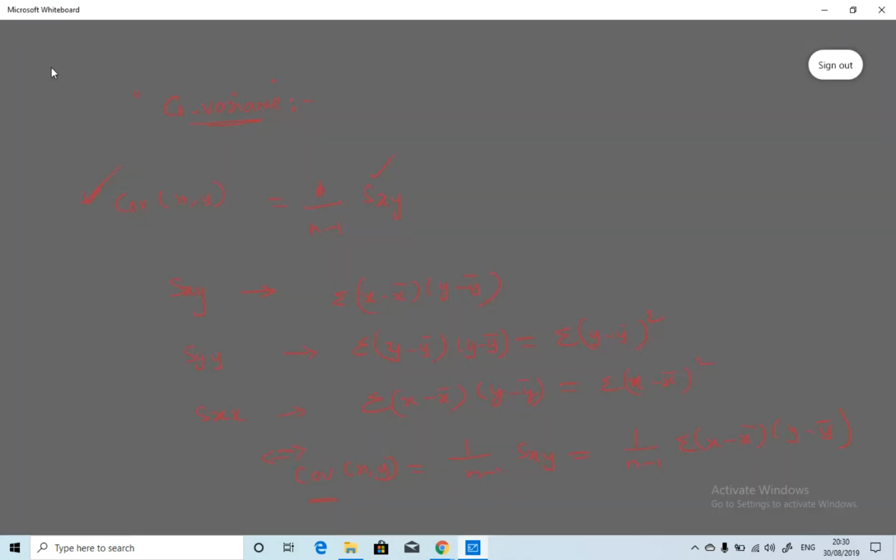Now, how does this relation talk? Write down. Important. I have one thing: covariance of x comma y greater than 0, that is a positive relationship.